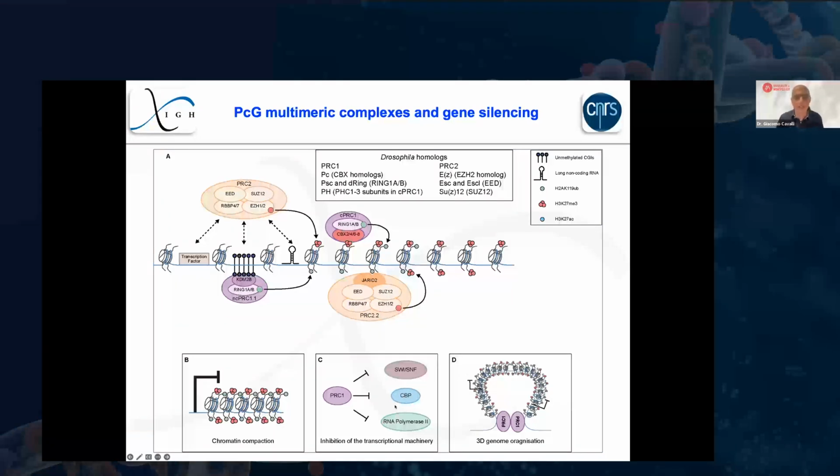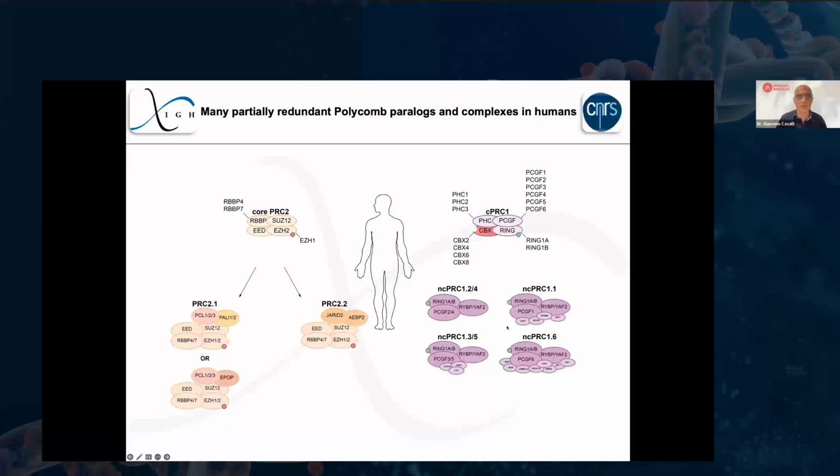So you can have a direct competition mechanism to repress their target genes, but also these proteins form hubs in the nucleus, and you will see some of this. In this way, they can also exclude activating components. So there are multiple ways in which they can act to repress their target genes. And you will see there are some surprising non-repressing functions as well of these components.